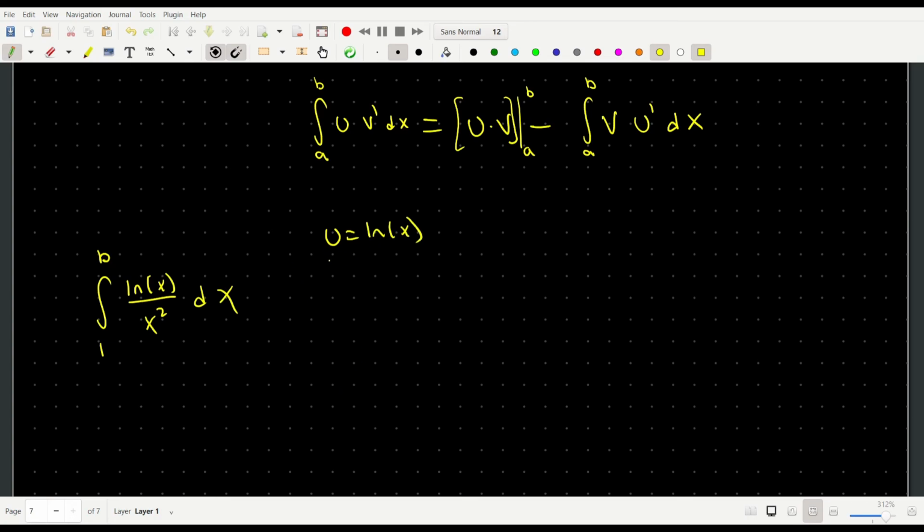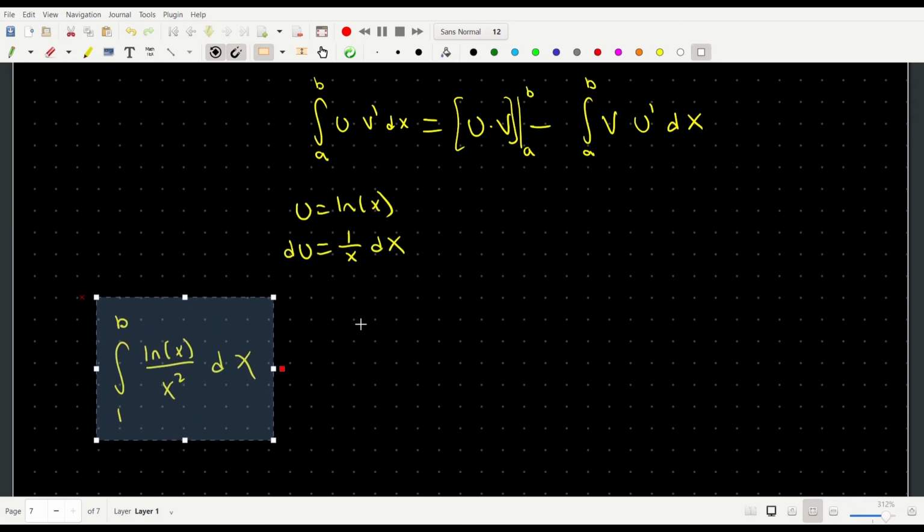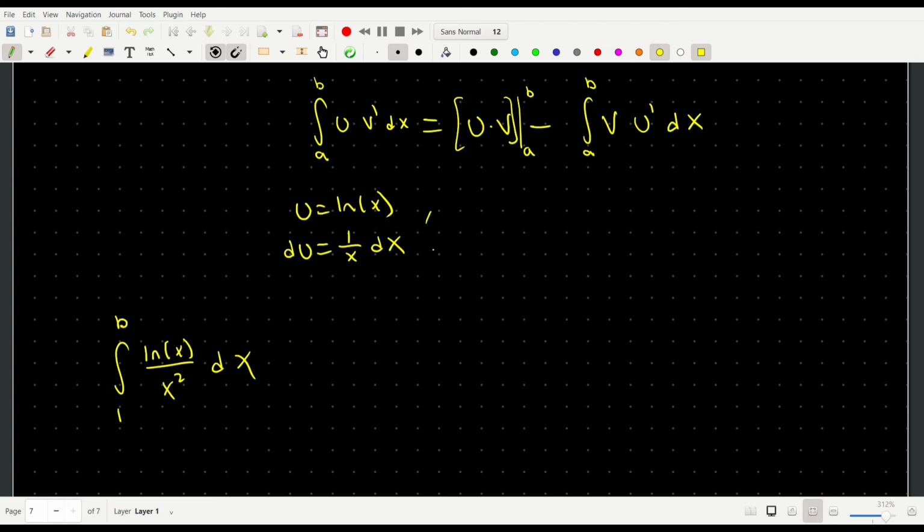And this is just chosen because from integration by parts, du is going to then be the 1 over x times dx, or the u prime dx. U prime here is 1 over x. And it's mainly chosen this way because this function is relatively easy to differentiate, and this choice makes dv equal to 1 over x squared dx.